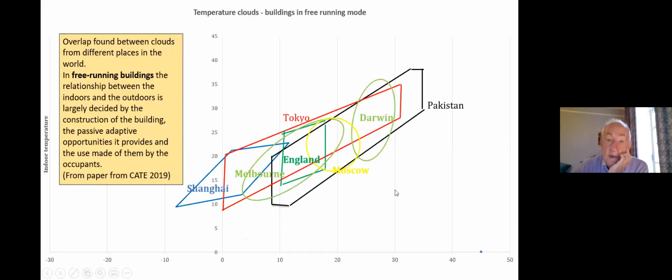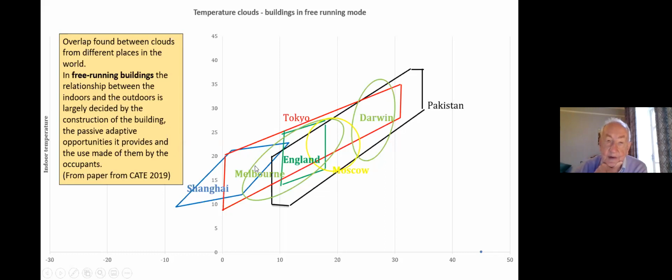And actually, if we look at the data as we've seen from a number of other surveys, this is from another paper that I wrote, which shows the temperature clouds for different parts of the world. This is Tokyo, Pakistan. These are Melbourne and Darwin, Shanghai.